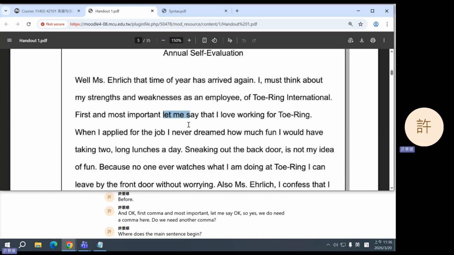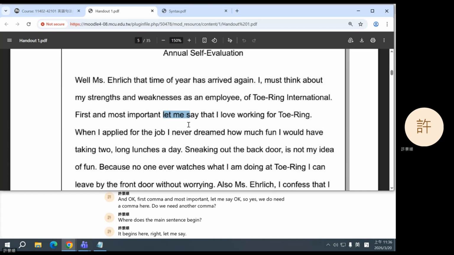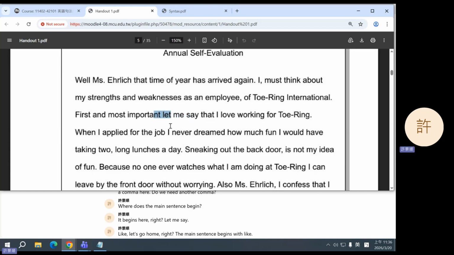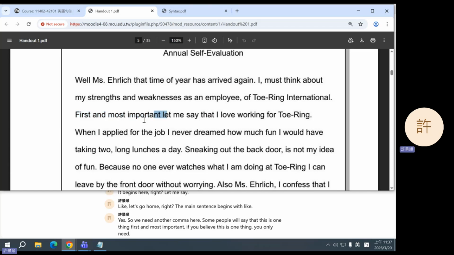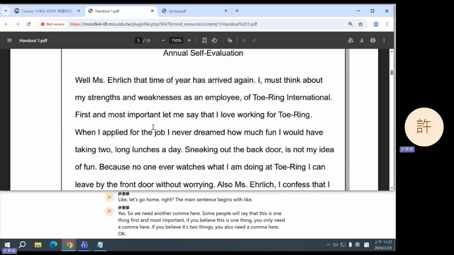It begins here, right? Like, let's go home, right? The main sentence begins with let. Yes, so we need another comma here. Some people will say that this is one thing, first and most important. If you believe this is one thing, you only need a comma here. If you believe it's two things, you also need a comma here. Okay? Okay, good.